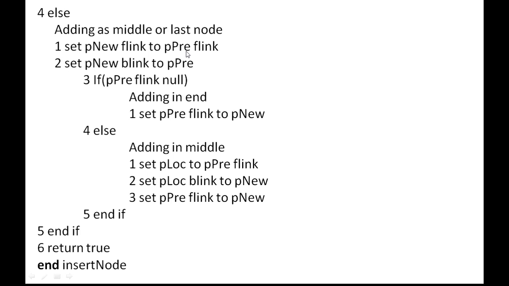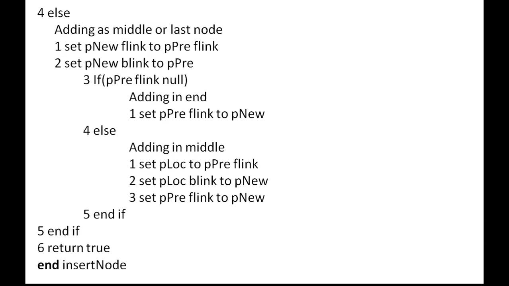So that means that, see, what was the next node of the previous node now becomes the next node of the new node with this step. And the next one is set pnew b link to p3, which means what? Set pnew b link to p3.